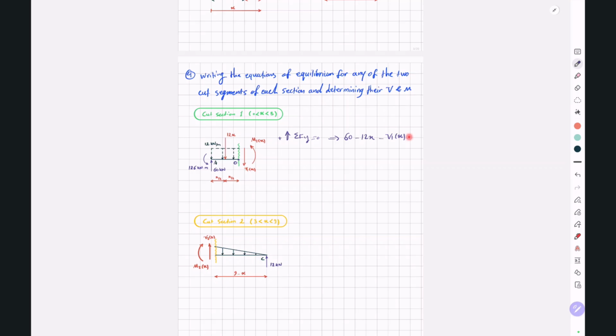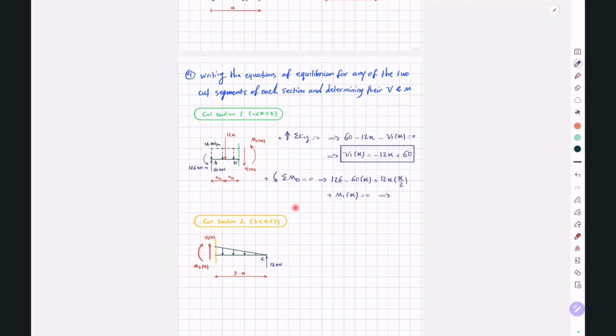If we take the moments around this point O, we can say sigma MO is equal to 0 in this direction. So 126 minus 60 multiplied by x plus 12x multiplied by x divided by 2 plus M1x is equal to 0.